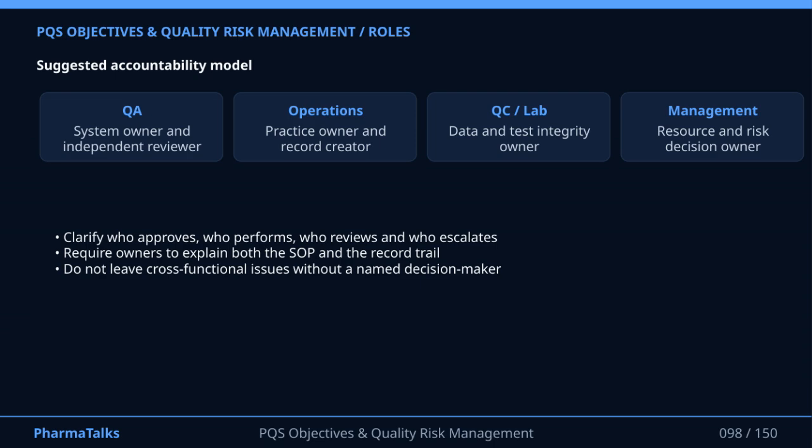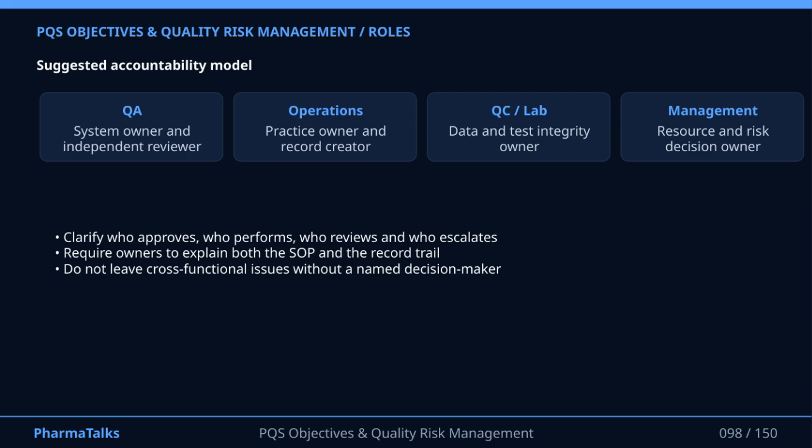Operations teams are the practice owners and record creators, meaning they handle daily processes and maintain accurate documentation. Quality control and laboratory personnel are responsible for data and test integrity, verifying that all results are accurate and reliable. Finally, management holds a responsibility for resources and risk-related decisions, guiding the team based on overall organizational priorities.